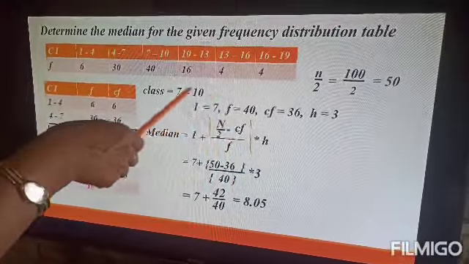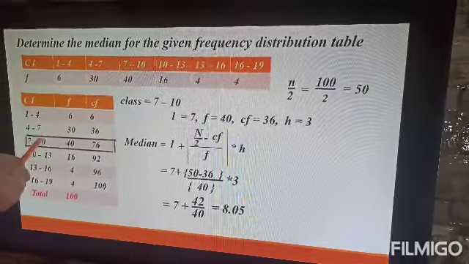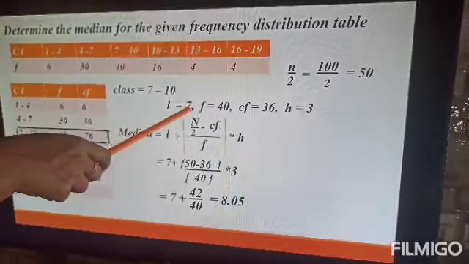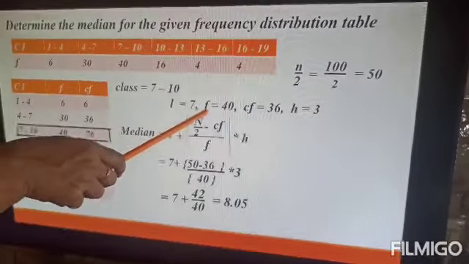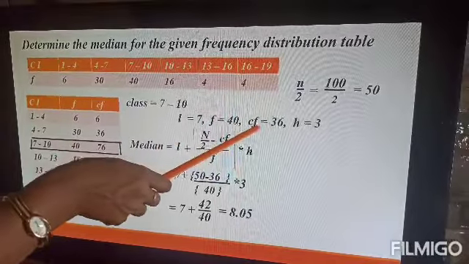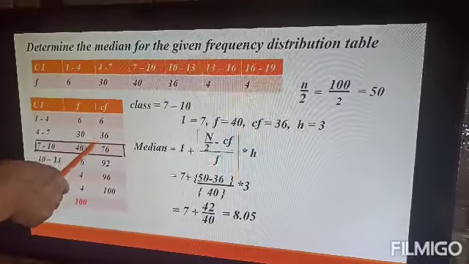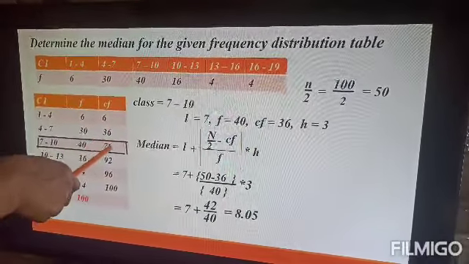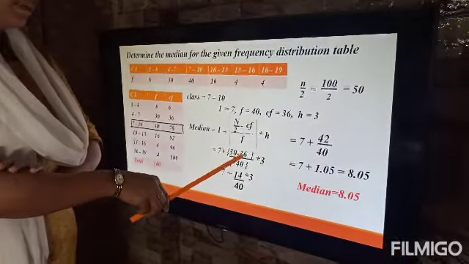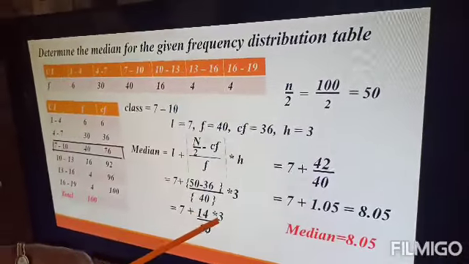Now we got all the required things. L is equal to 7. This 7 to 10 is the median class, and from this the lower limit is 7. Then F is the frequency of the median class, that is 40. And CF means the preceding cumulative frequency of the median class. 50 minus 36 is 14, divided by 40 as it is.